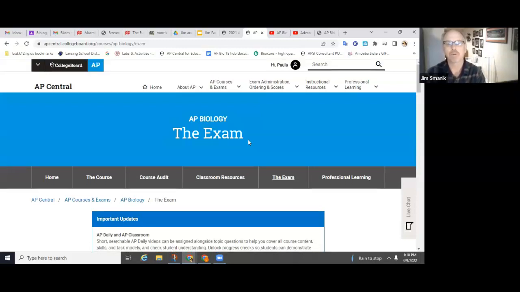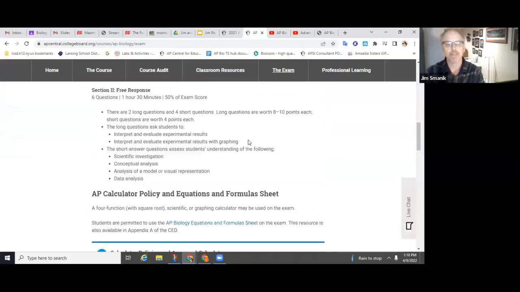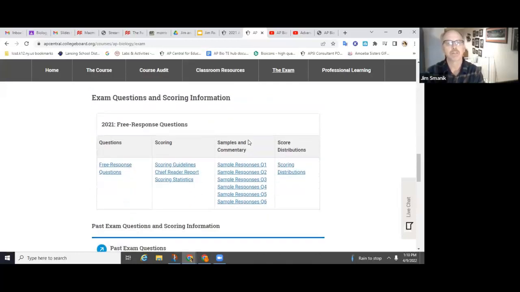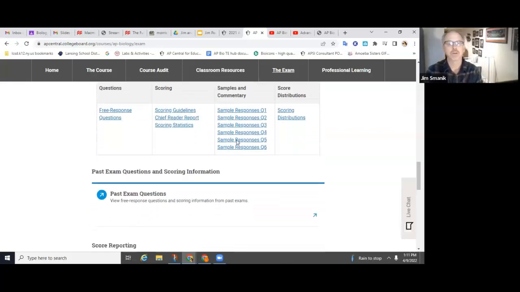If you could scroll down, remember I said, give your kids as many tests as possible. And you can see right there where you can find the Chief Reader Report for 2021. You can see the free response questions, scoring guidelines, and then a lot of student sample responses, but also right below it, past exam questions.